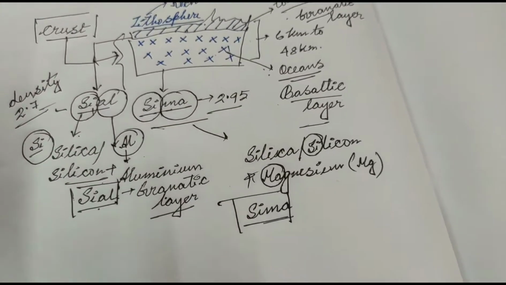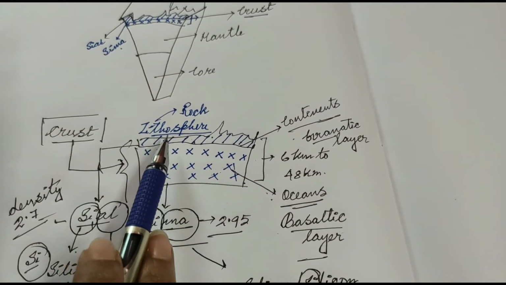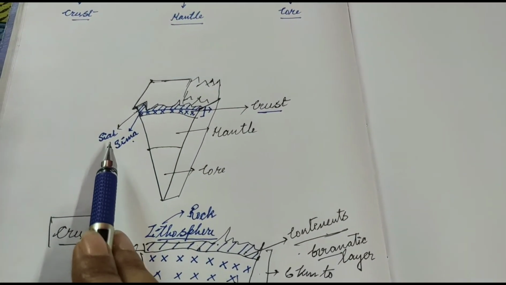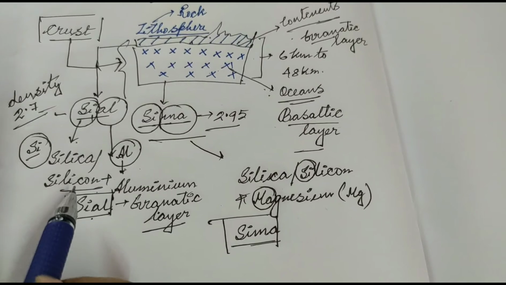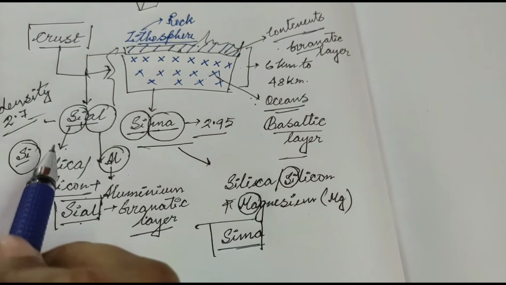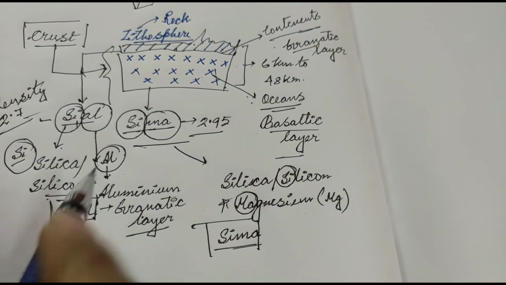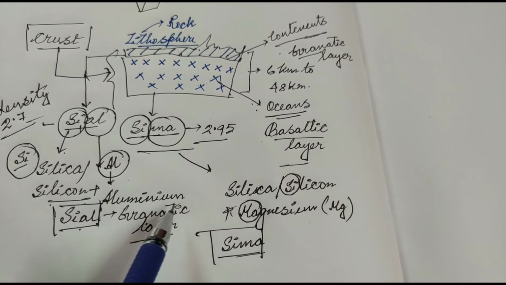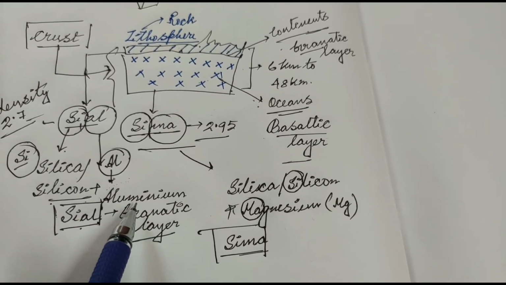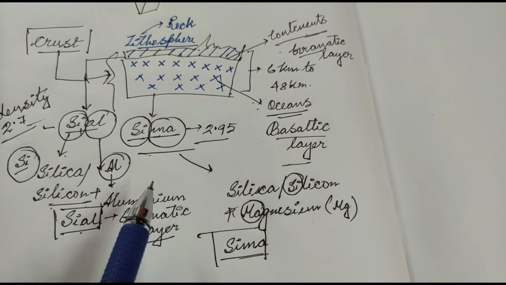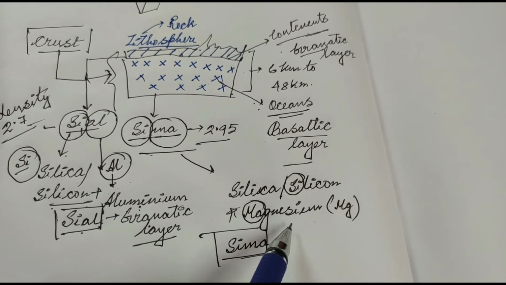One thing I want to tell you, why this Sial is in the upper part and Sima is the lower part? Because see here, Si means the silicon is the same in both parts. But here the other component, another material, is the aluminium, and here is the magnesium. Aluminium is less heavy than the magnesium.